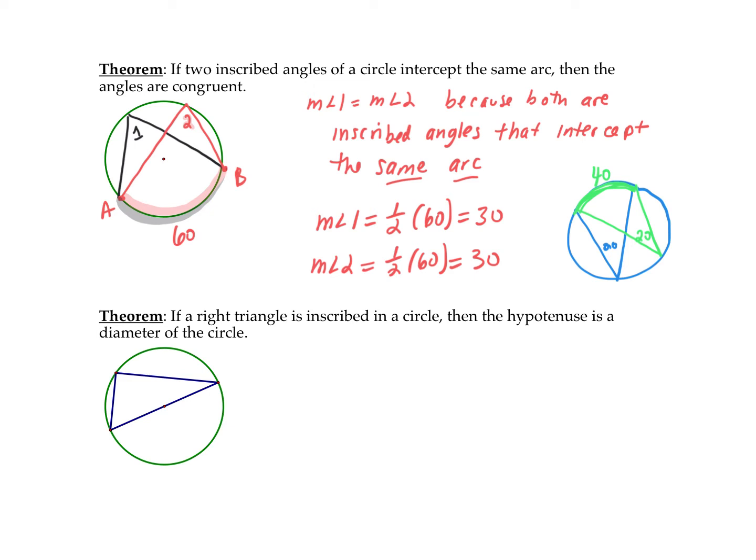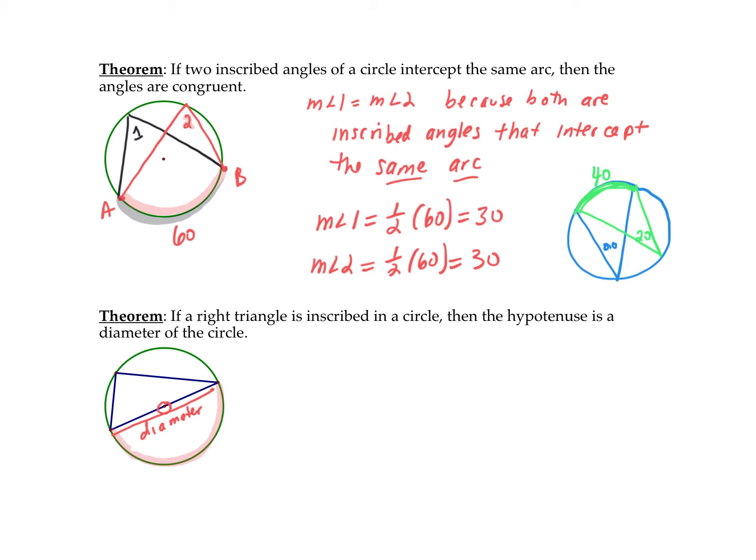Another theorem says if a right triangle is inscribed in a circle, then the hypotenuse is a diameter of the circle. Check this out with me. This segment right here is a diameter because it goes right through the center. Remember that a diameter intercepts a semicircle.